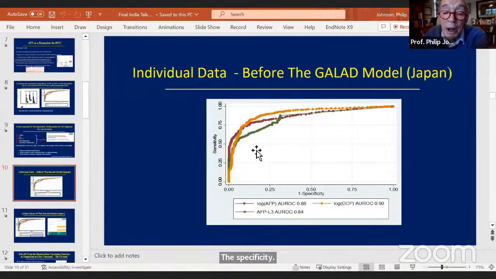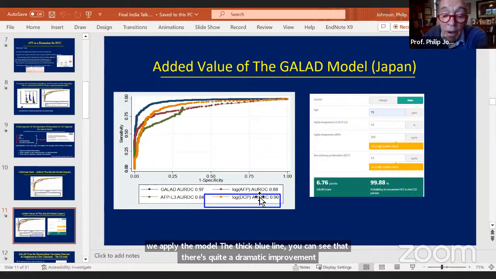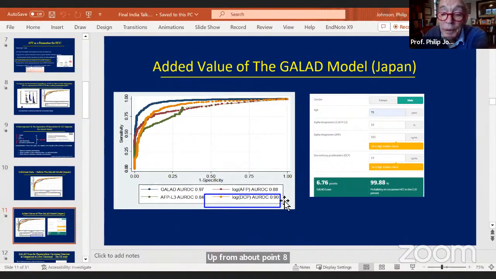So here are the three biomarkers you've seen before, all looking quite good. When we apply the model, the thick blue line, you can see that there's quite a dramatic improvement. Up from about 0.8 to 0.97.